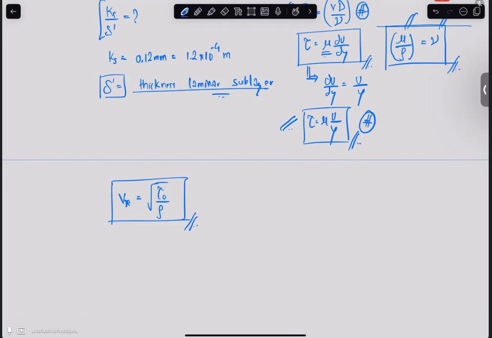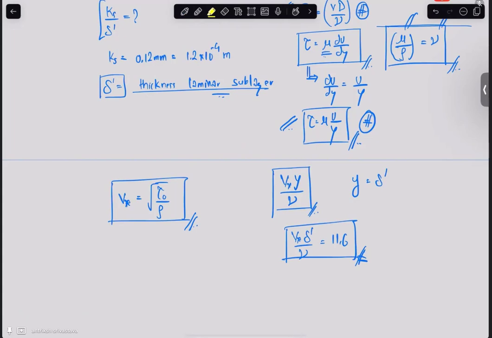And we have a quantity that is variable for different depth, that is V star y divided by nu. And this quantity, when you put y equal to the thickness of laminar sublayer, is equal to a constant number, that is 11.6.